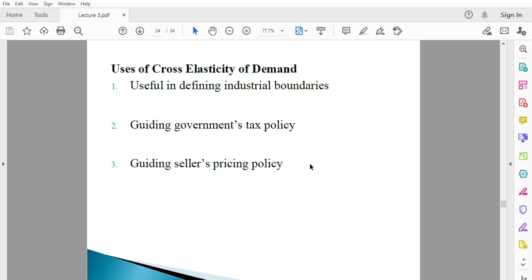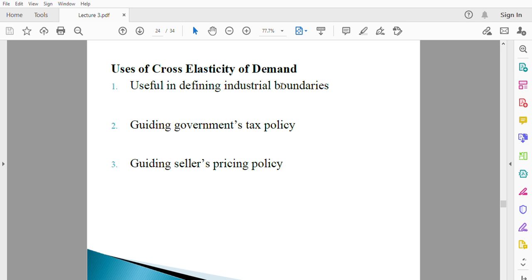Because if you lower your price, it will affect the other company. It will help you to also know how to brand, whether to keep on producing this particular commodity or to produce some other commodity, because you cannot stand the competition. So basically, in summary, it helps you to define your industrial boundaries, which industry to enter, what to produce, how to produce, and even how to price.